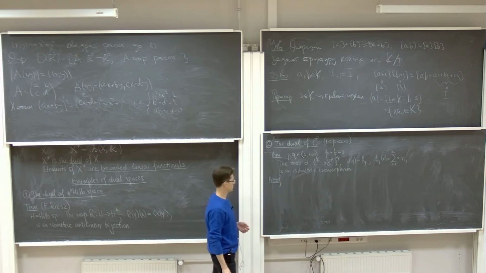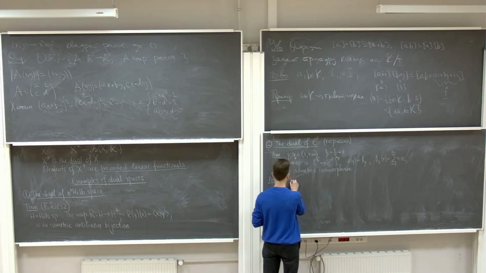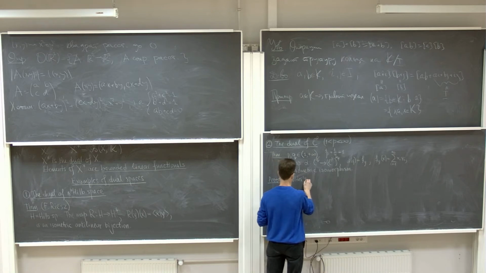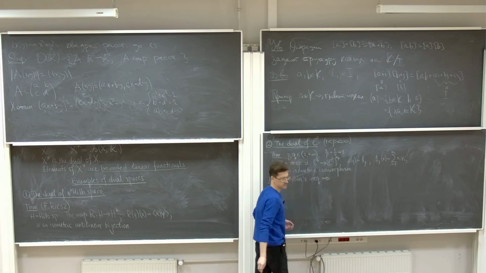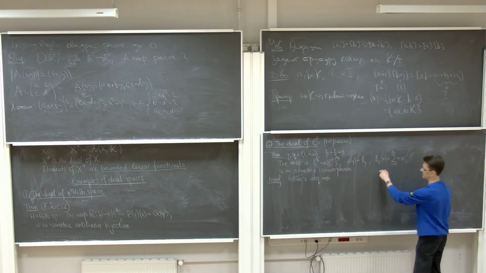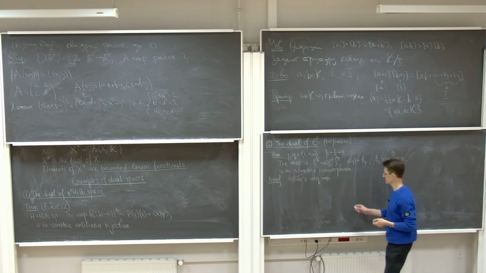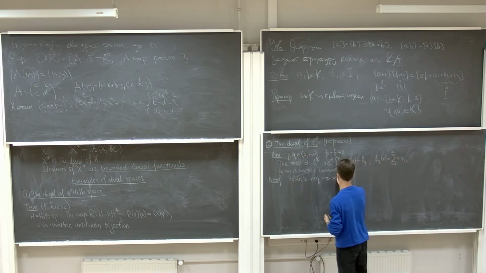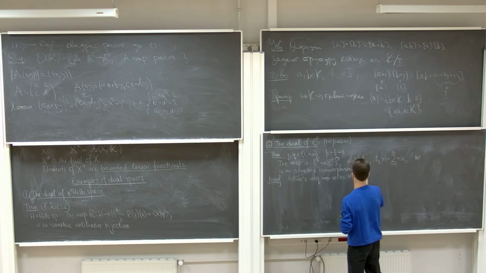To prove this result, first of all we apply Hölder's inequality. And we conclude that, since y is in lq and x is in lp, this series, denoted by star, converges absolutely.